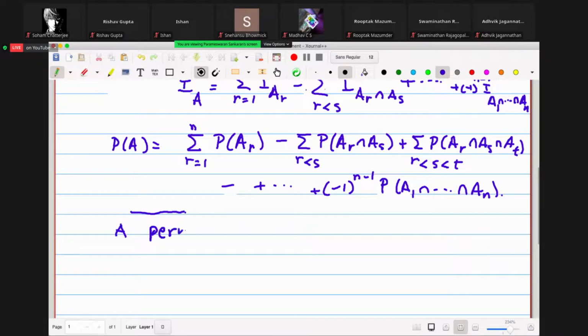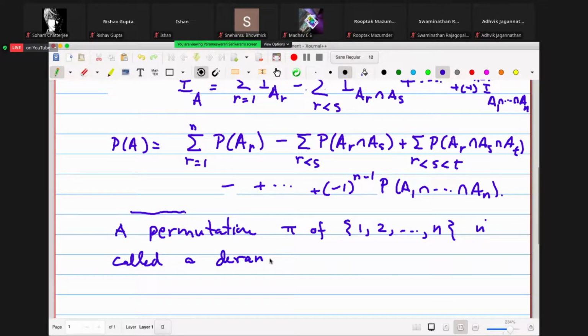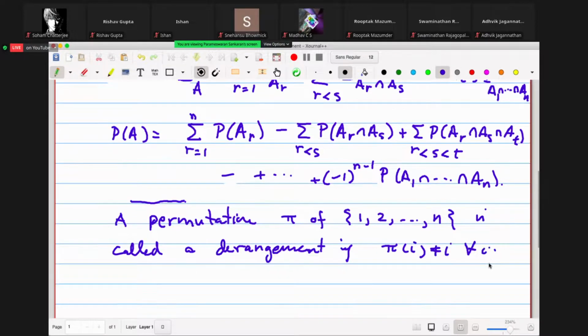A permutation pi of n objects, of the set 1, 2, 3 up to n, you can think of a permutation as a bijection, or you can think of it as a sequence, is called a derangement if pi of i is not equal to i for every i.